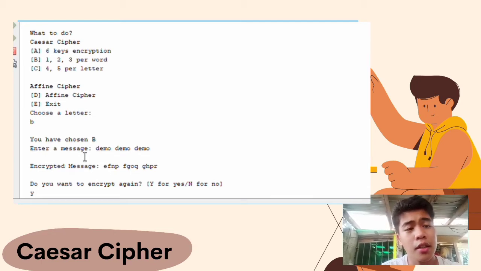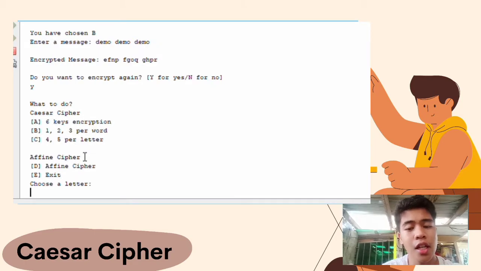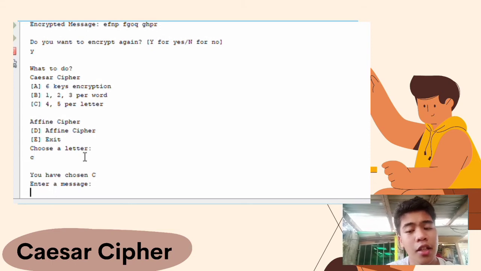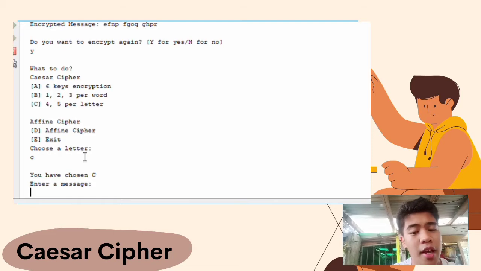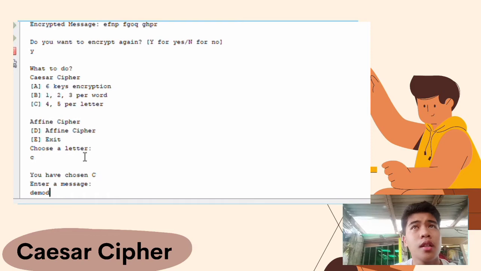Third is the 4 5 per letter. That means that the first letter has a key of 4, then the next letter is 5, and the next letter is 4 again, then the next is 5 again, and so on. So for the sample input word, which is demo, it has an output of HJQT.